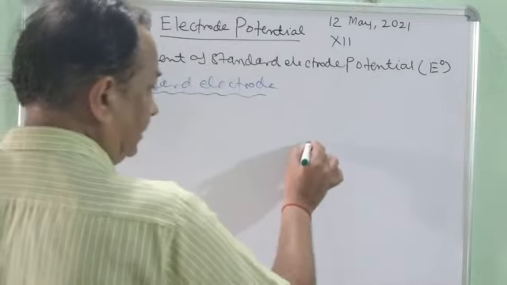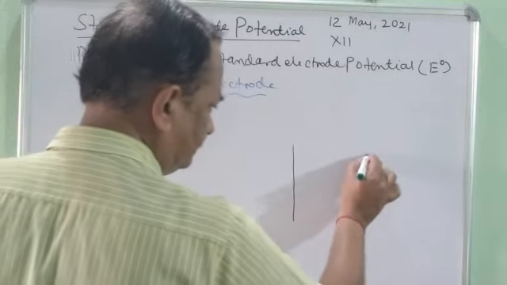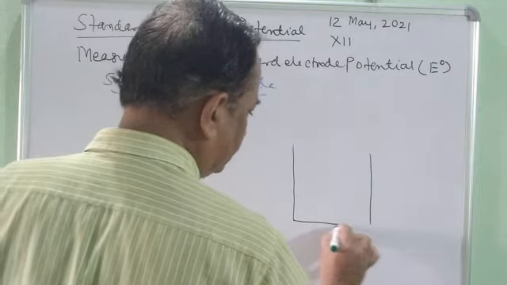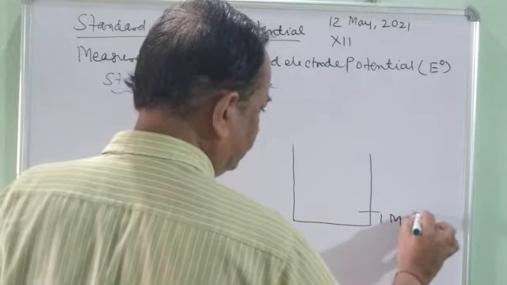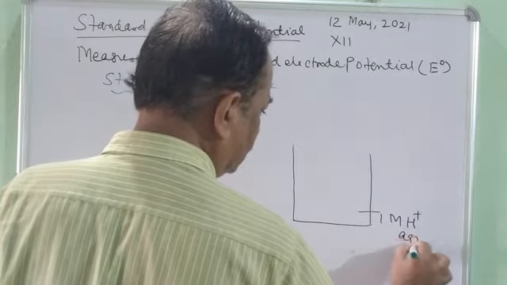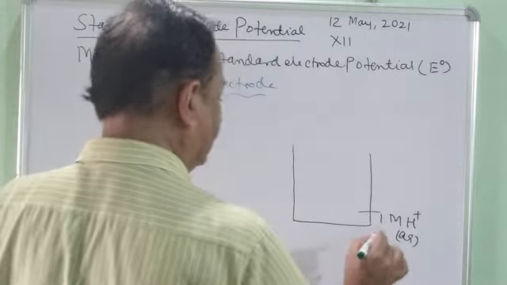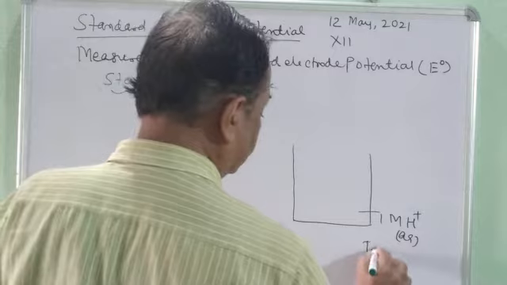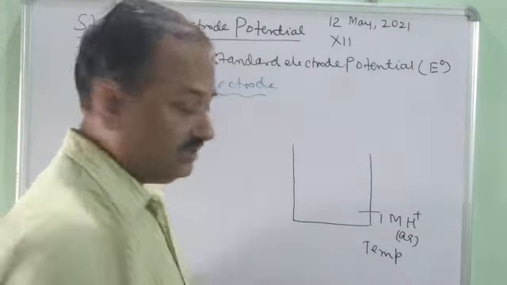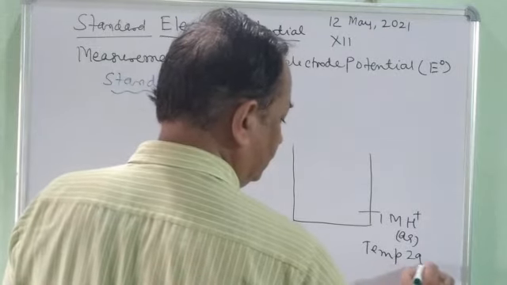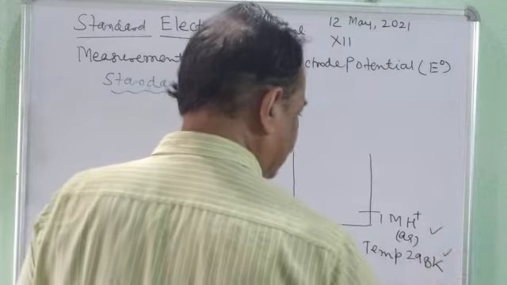There is a beaker, and the beaker contains 1 M acid solution. The temperature of this setup is maintained at 298 Kelvin. So this is one condition, this is another condition.